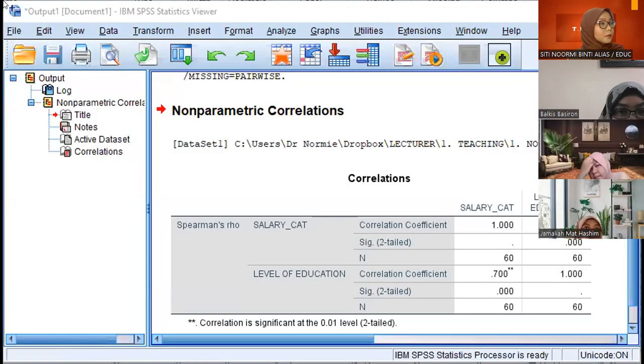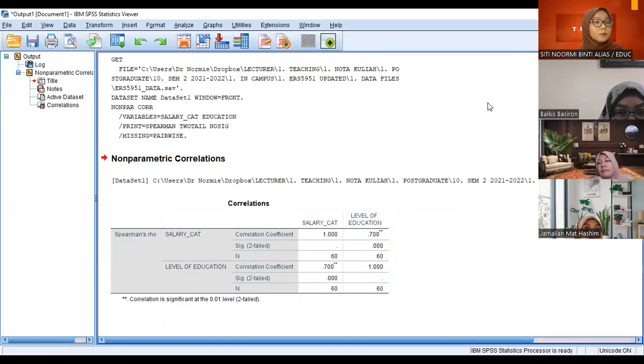So this is the output. Supposedly you got 0.700. Mine was an old slide.